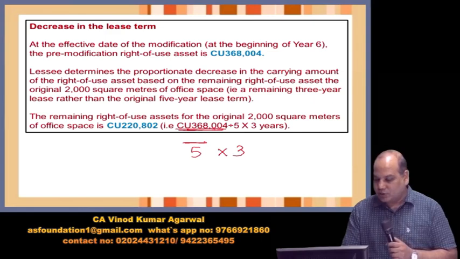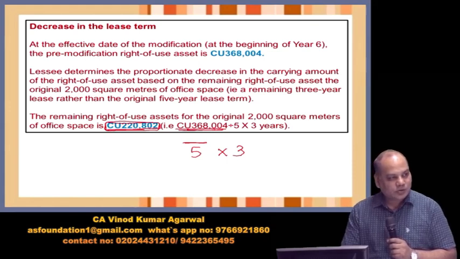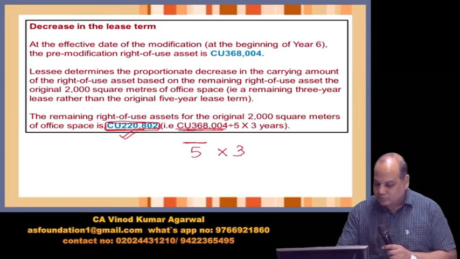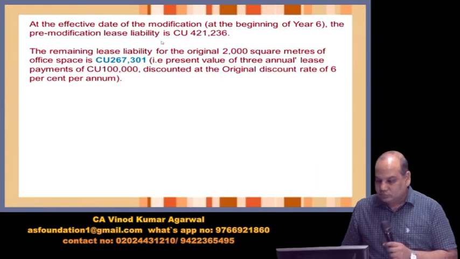So how much is that 3 by 5 of 368,004? 220,802. Okay. So this is what I want right now in the books of account for right of use asset for decrease in the lease term. Now come to the liability.